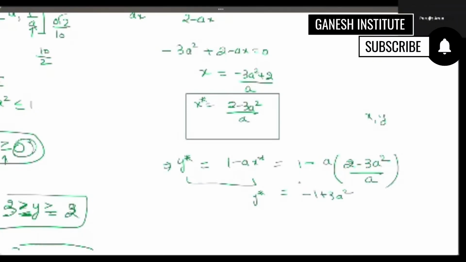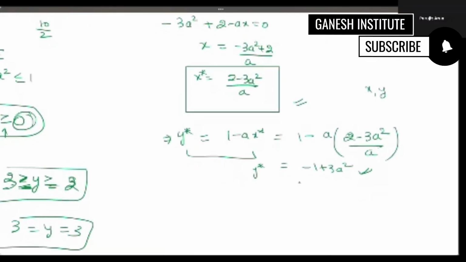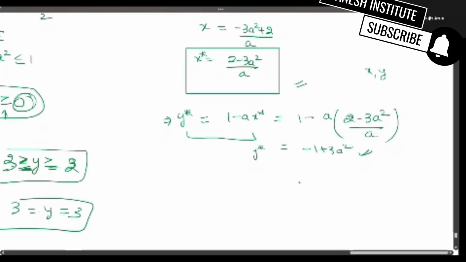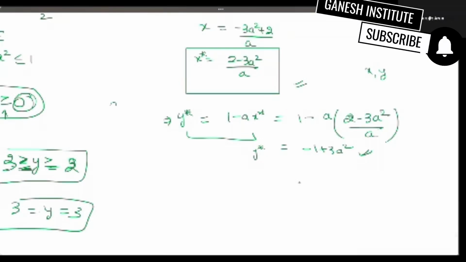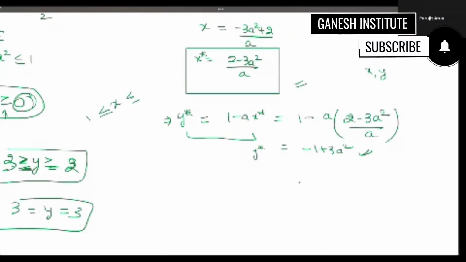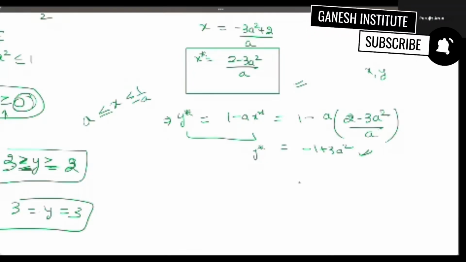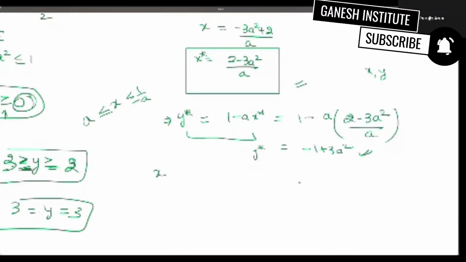Now, because it has the range of a, I need to check it. I have found out that a is also ranging. For example, x is between, yes between मैम, a to 1 by a, right? यस, a तो हम लोग को मिला less than and equal to 1.